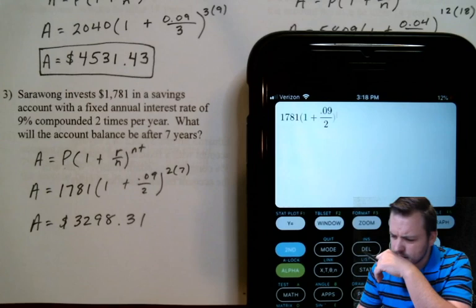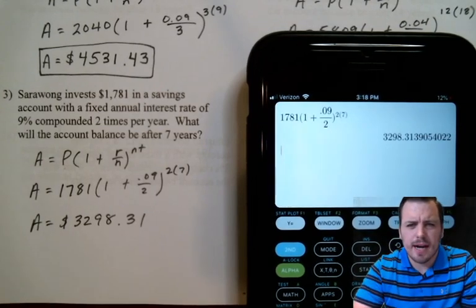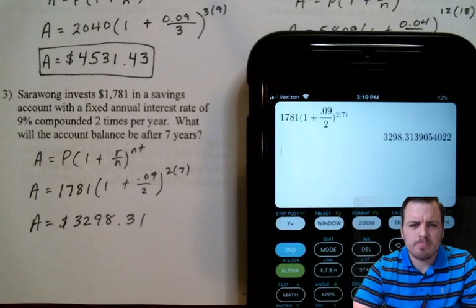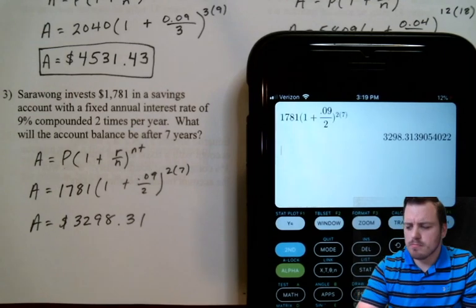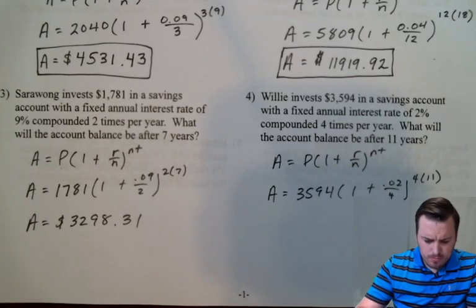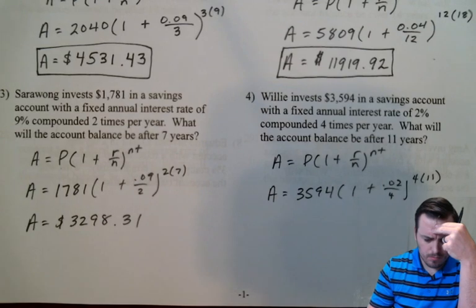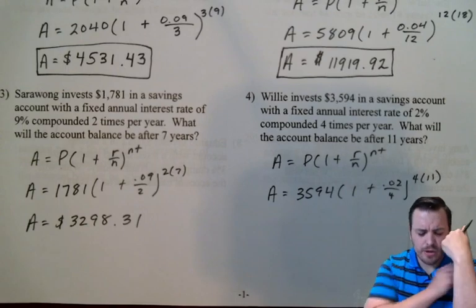Raise that to 2 times 7 or 14, either one. And that's where we should be getting the 3298.31. Does that help, Caitlin? Do you see what you did wrong?